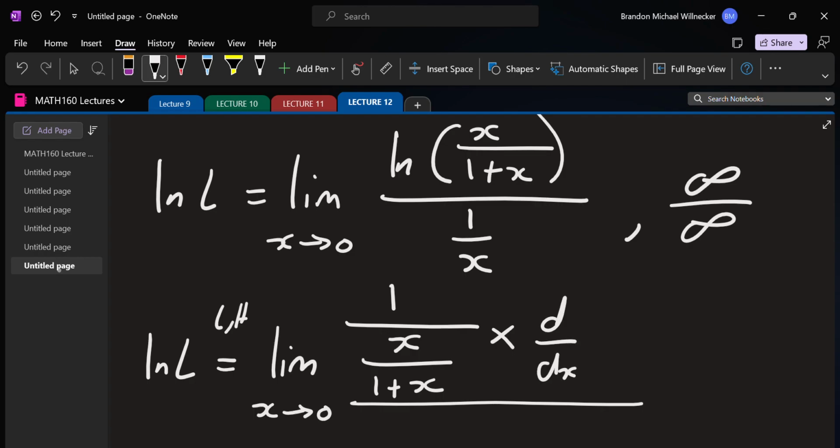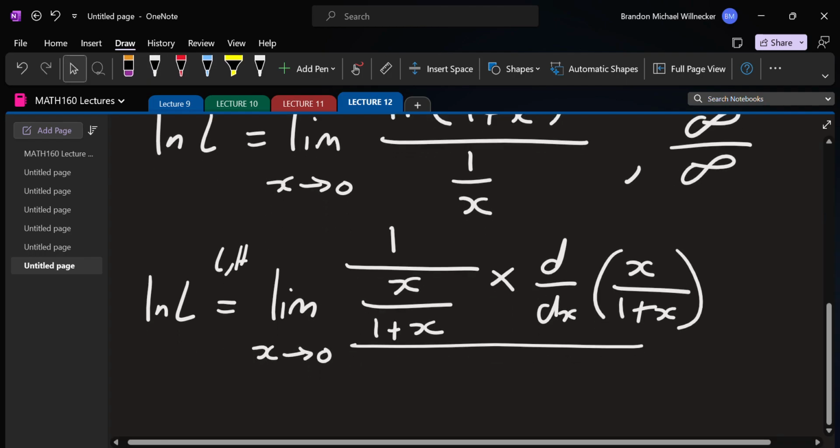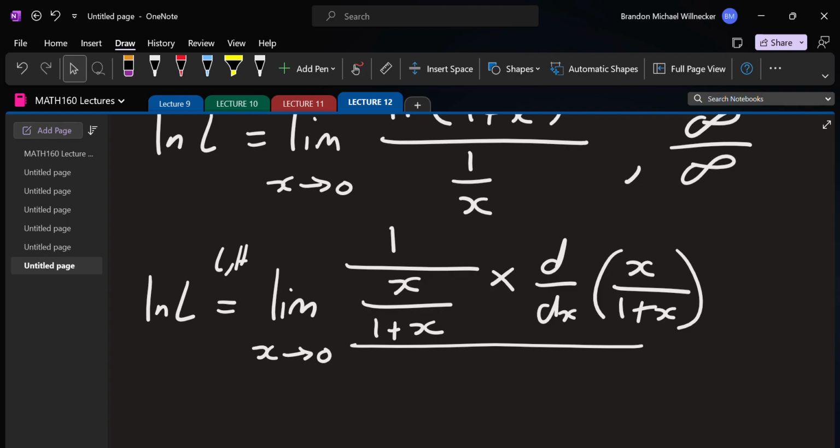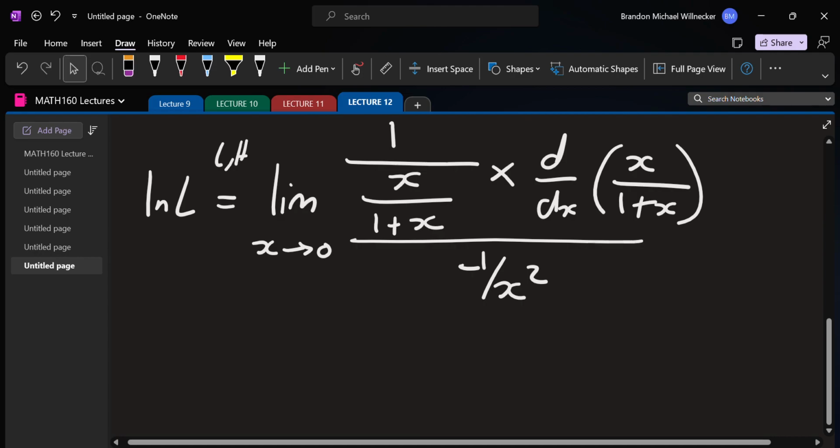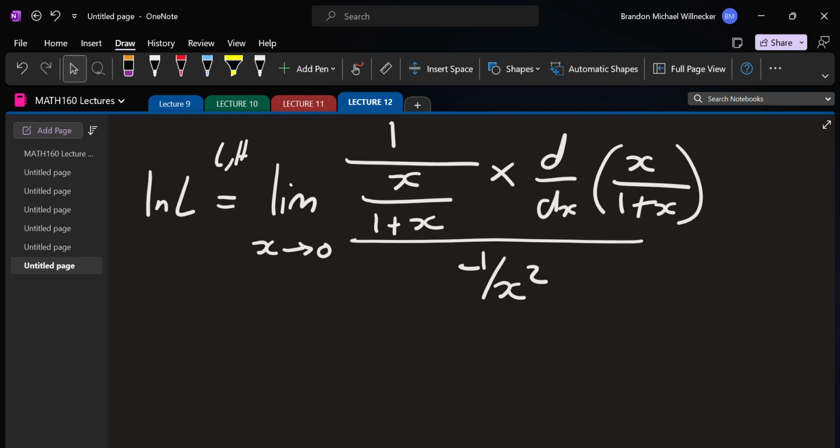So this is all in the top still, times the derivative of the inside part. Now, we don't want to get this too messy, so let's write this as d by dx of x over 1 plus x. Okay, we'll save that for a later step. In the bottom, we can take the derivative. That's going to be minus 1 over x squared.